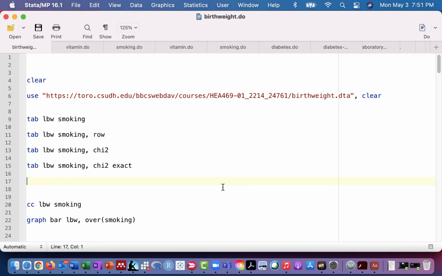A one-sided test would be, if we're going into the study and we think we already have evidence that smoking is a risk for low birth weight, and we thought that low birth weight would be higher among babies whose mother smoked during pregnancy, then we would have a one-sided test where instead of just seeing whether or not it's different, we're seeing if it's higher. And in other types of studies, you might think it's lower, right? So two-sided tests just ask whether they're different, and with a one-sided test, your hypothesis is either that it's higher or that it's lower. A two-sided test is that it's either higher or lower, either is fine. You're just testing for a difference.